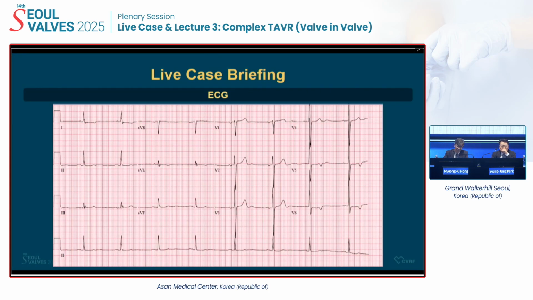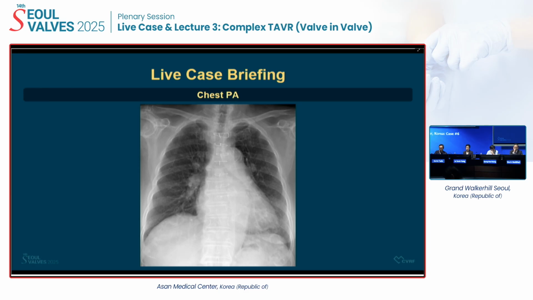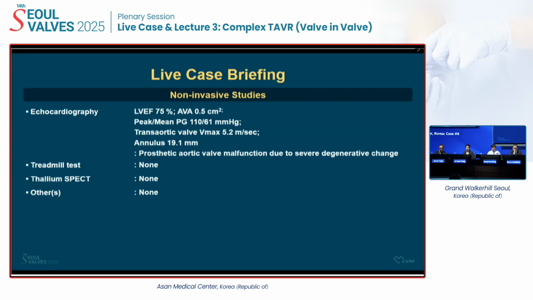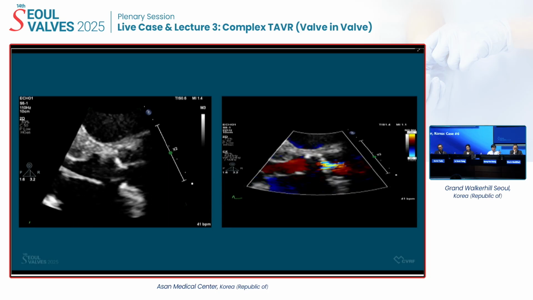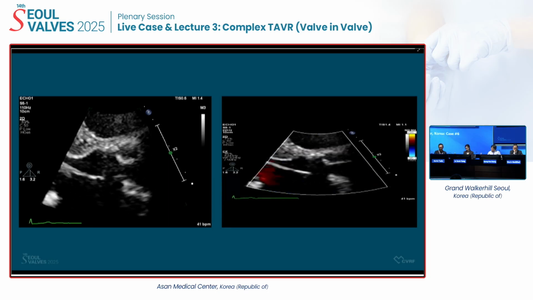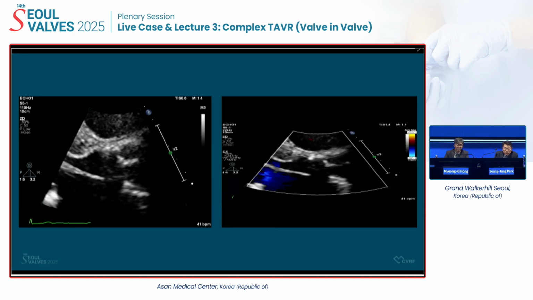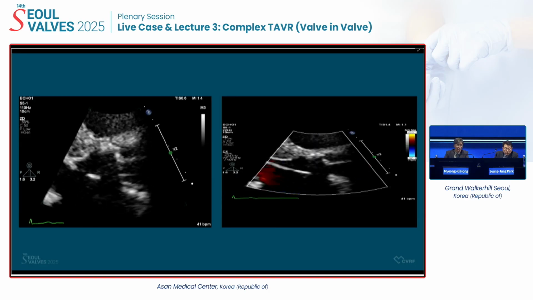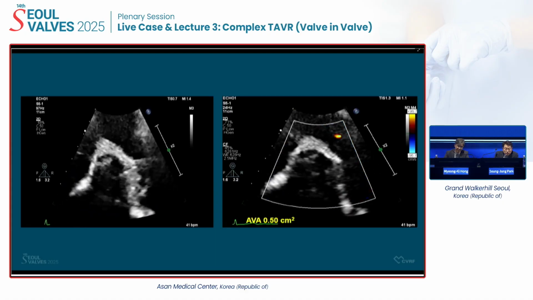ECG shows sinus rhythm, and chest X-ray showed borderline cardiomegaly. Echocardiography showed flow acceleration at the LVOT, and motion limitation of the aortic valve leaflet. The aortic valve area was 0.5 centimeter square.